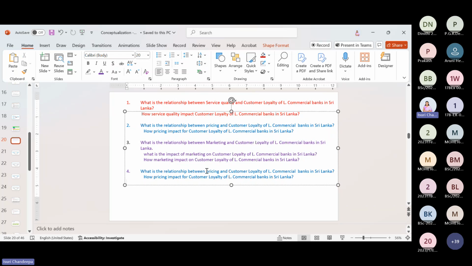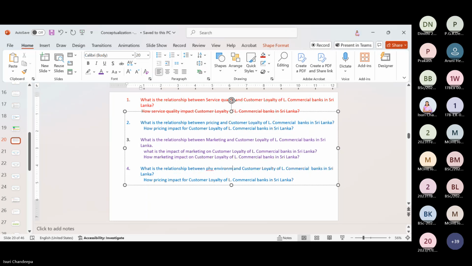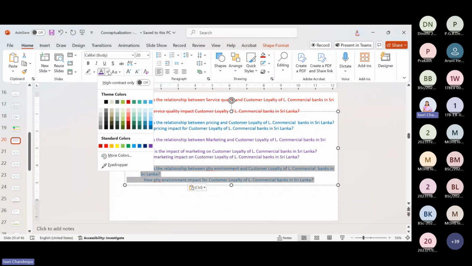What is the relationship between the physical environment and the customer loyalty of the licensed commercial banks in Sri Lanka? Or else, how does the physical environment impact the customer loyalty of the licensed commercial banks in Sri Lanka? So this is the fourth question and the independent variable 4.